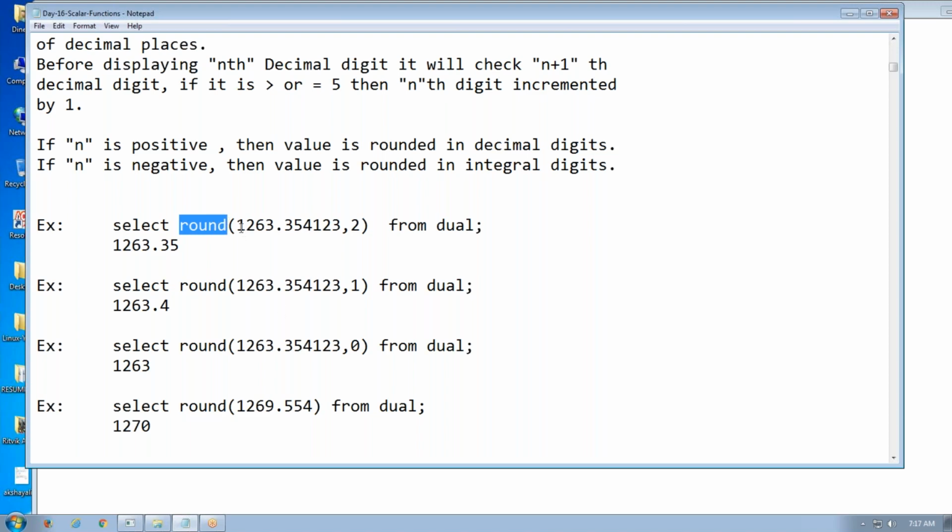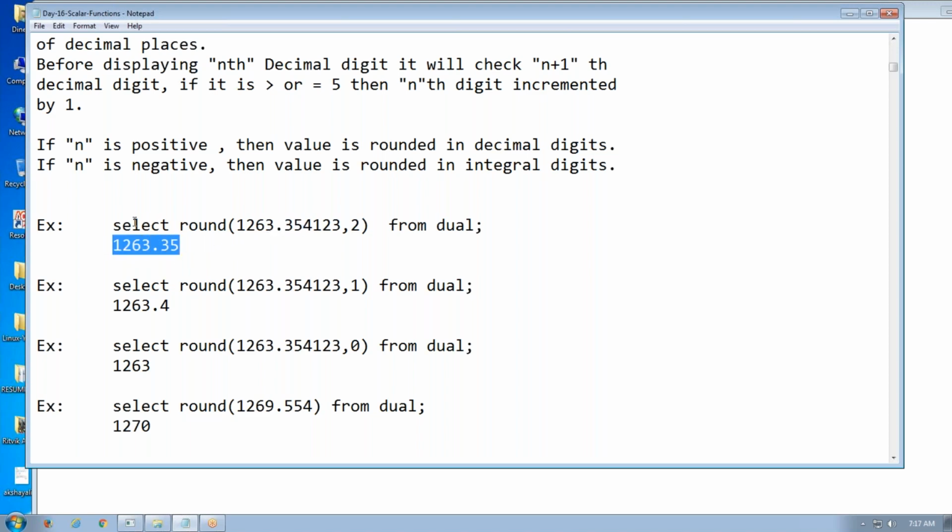ROUND, this is my given value or column value, comma, round this value up to 2 digits in the decimal part. So after the decimal point, how many digits do you need? 2 digits. These 2 digits will be printed.